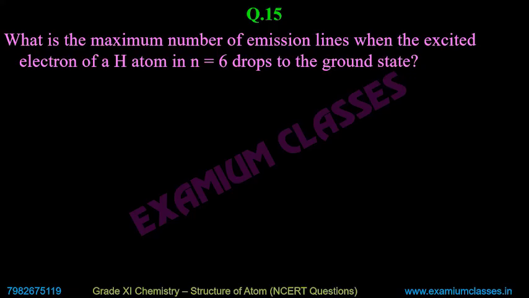So here, as it is the ground state, can we use the formula n minus 1 by 2 directly? Absolutely, yes. If it is to ground state, you can use n minus 1 by 2. That's what I have used here. But in general, you have n2 minus n1 multiplied by n2 minus n1 plus 1 divided by 2.